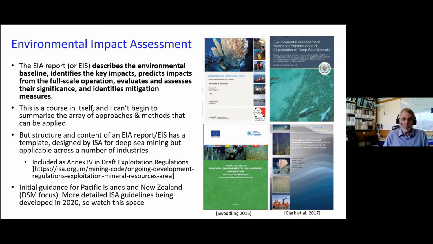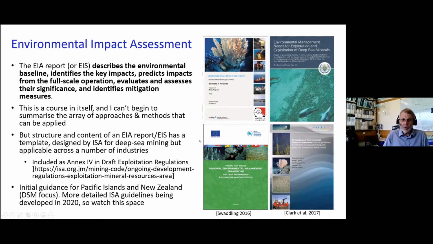It would be a course in itself, but I will refer you to some of the EIA report, EIS templates, which have come about. There's one here for the Southwest Pacific, again, coming out of the SPC EU DSM project. There's one being developed in a very similar way for the ISA, and the same approach has been taken in New Zealand, where we've provided a bit more guidance on what goes into it.